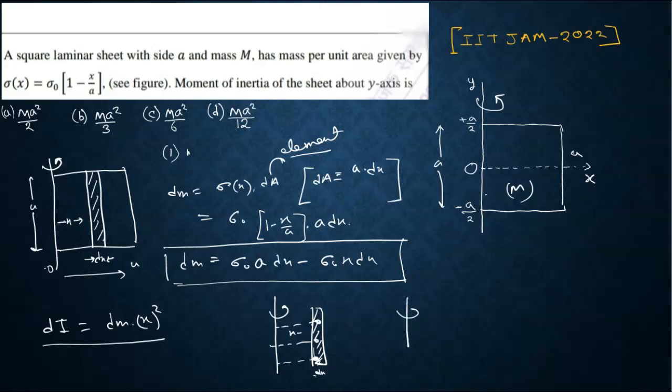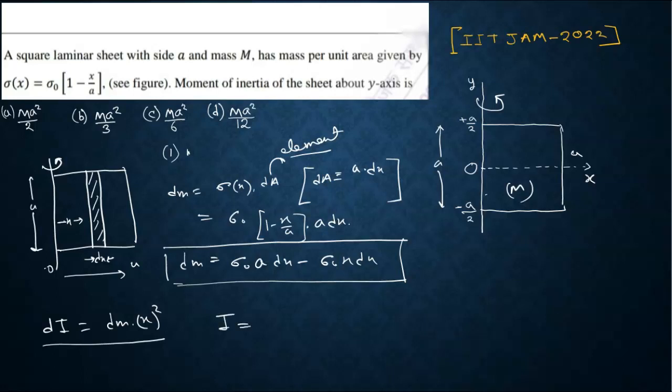As we did in the case of a single particle, m1 at distance r1, I equals m1 r1 square. So in this strip also, all the particles are at the same distance from the axis, so you can simply write that the moment of inertia of the strip is the mass of the strip times the square of the distance from the axis.